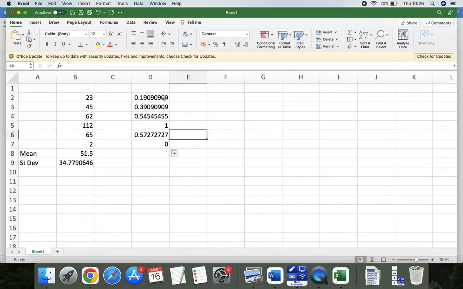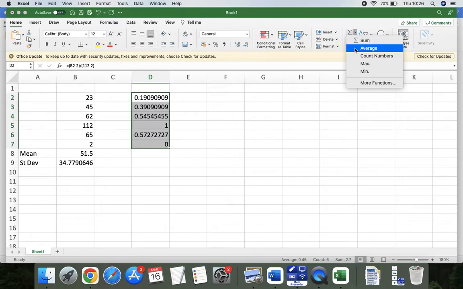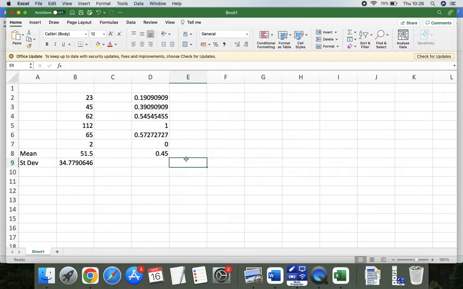And if you look at the mean right now, the mean has changed. Previously it was 0.45. Now it is 51.5. Similarly, if we look at the standard deviation, it is now only 0.31. Now this can be easily influenced by the data itself.